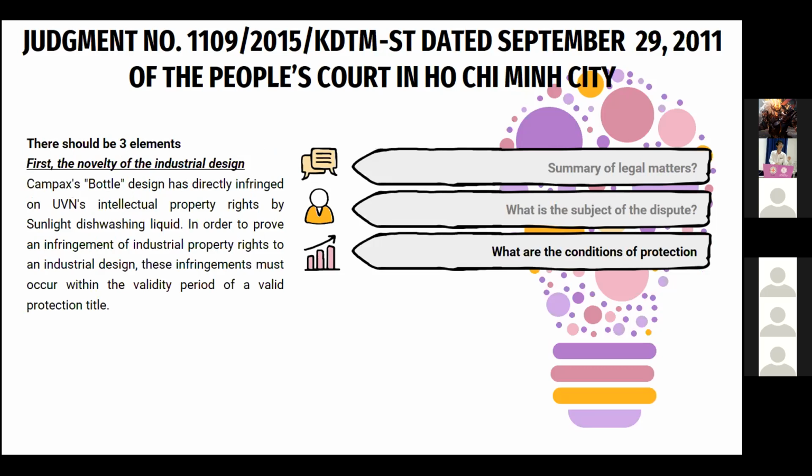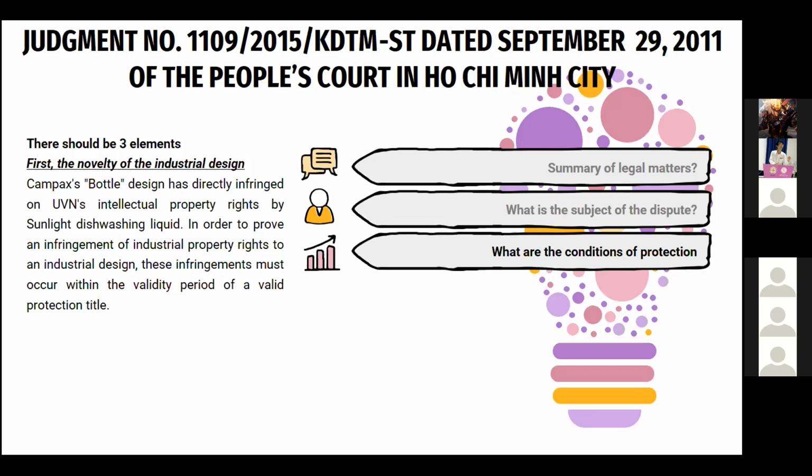Industrial design protects the external elements of a product, such as shape, line and color, the aesthetic values of the industrial design. Sunlight dishwashing liquid has been granted a patent for the industrial design and trademark. Within the scope of this article, only legal issues for industrial design are mentioned.